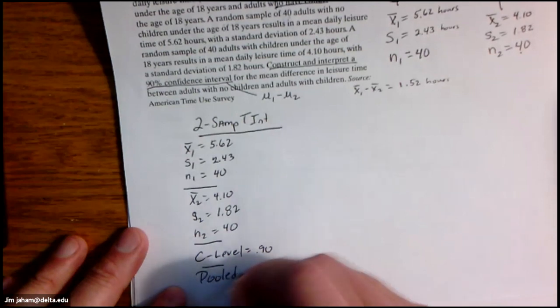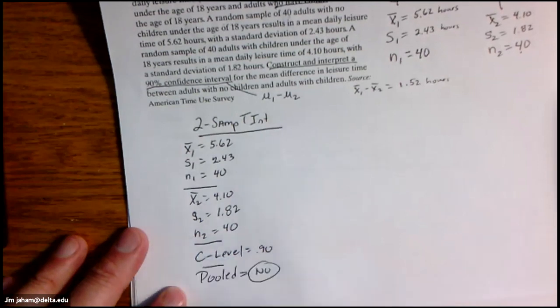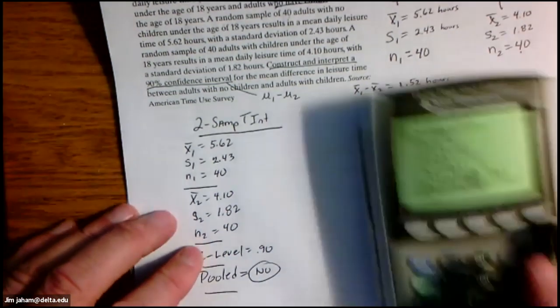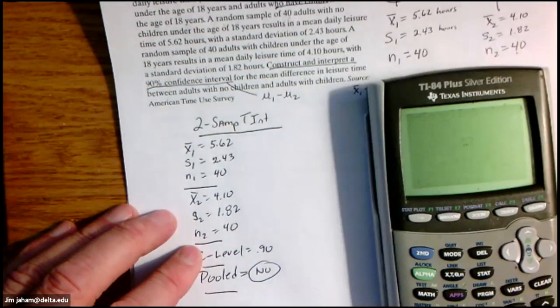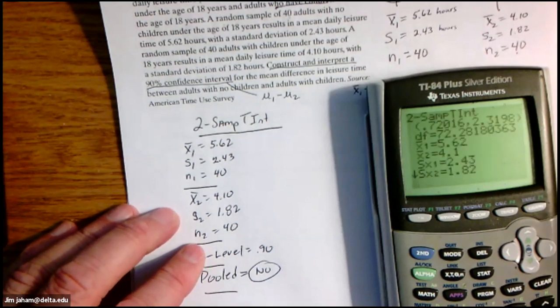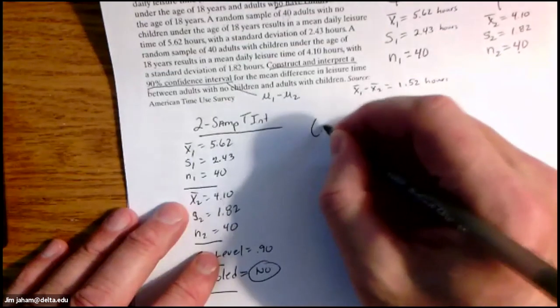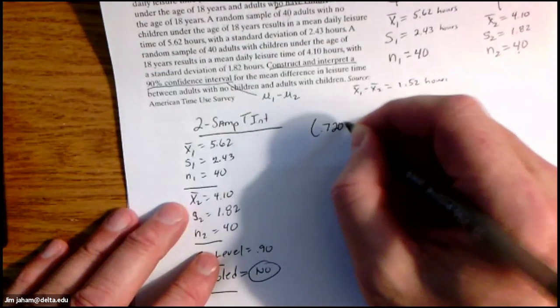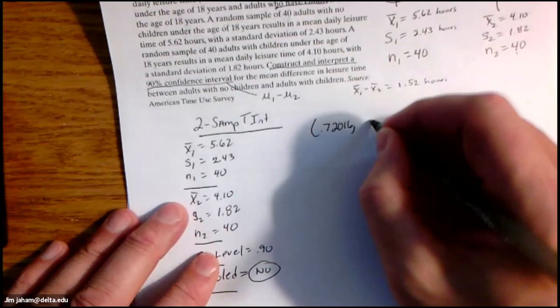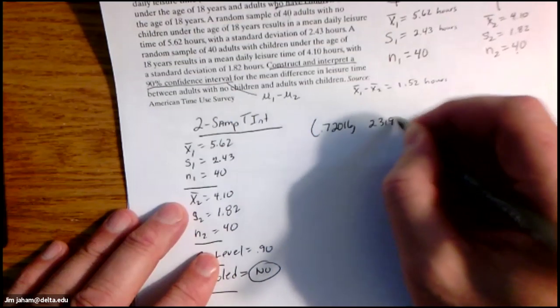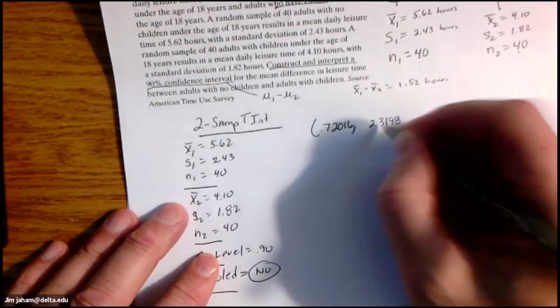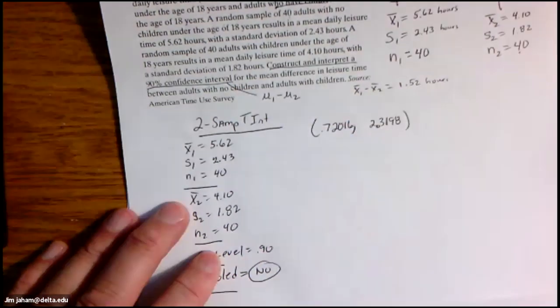Pooled equals no. All right, we're calculating a confidence interval here. So when we calculate, it's going to report back an interval. 0.72016 is the lower bound, and 2.3198 is the upper bound.